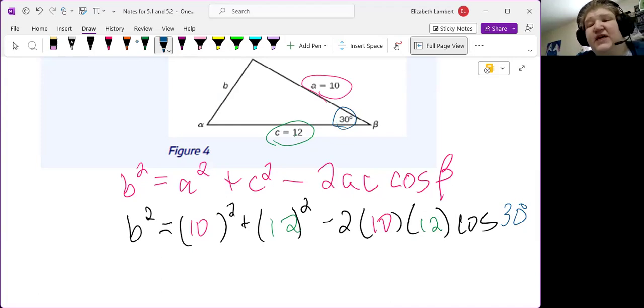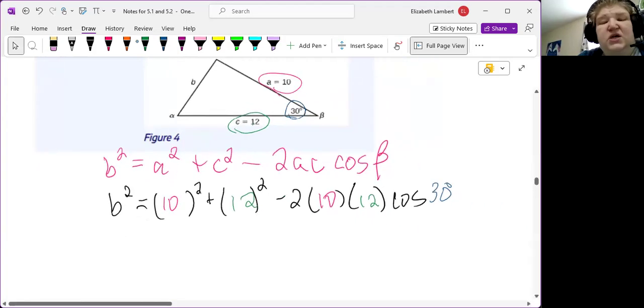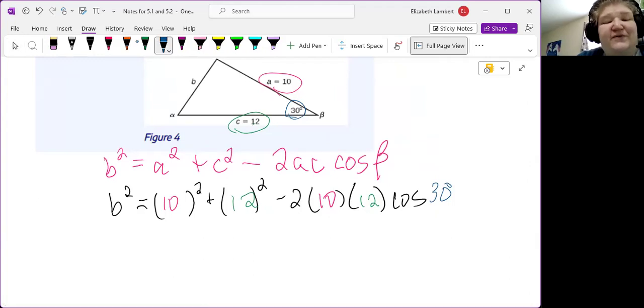Now, even though the cosine of 30 degrees is on the unit circle, we don't care because we got a whole bunch of other stuff to add to it. And then we're going to have to square root it. So we don't try to get the exact answer on these. We're just going to go for whatever the decimal approximation is.